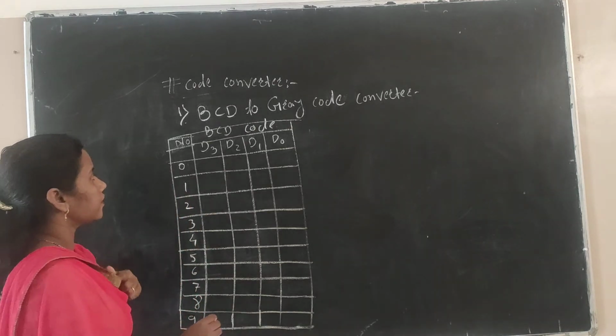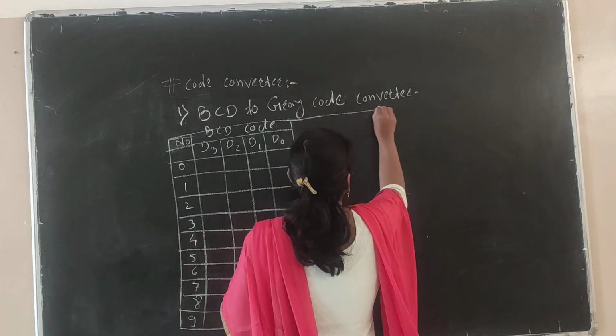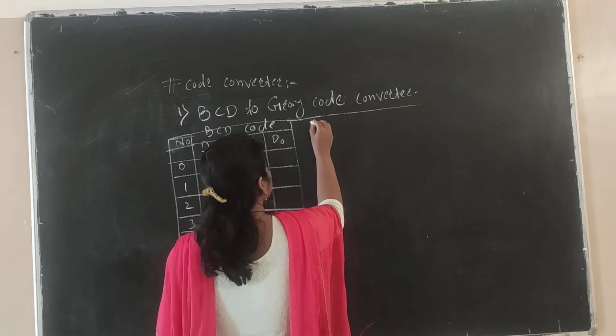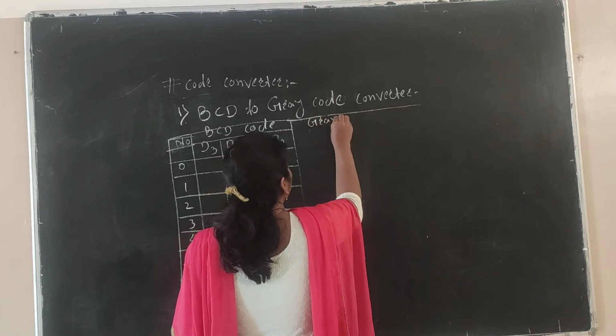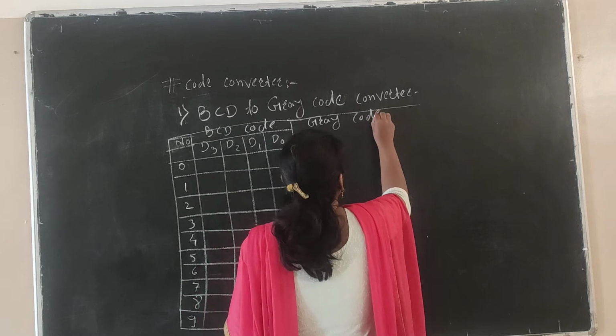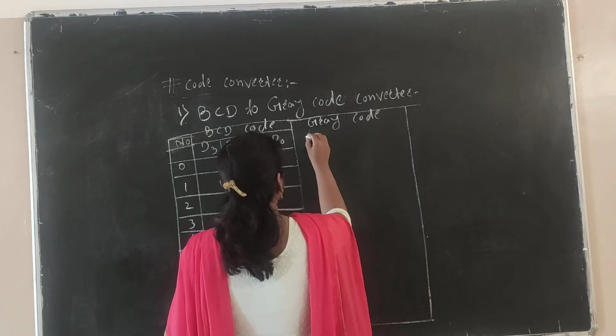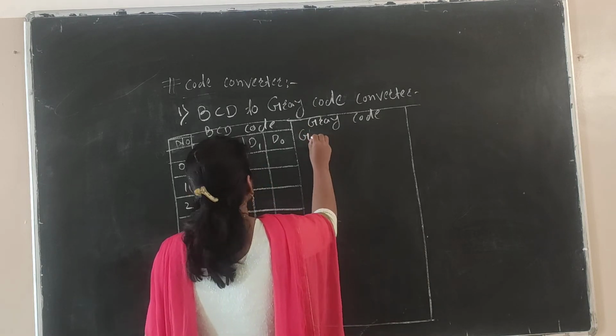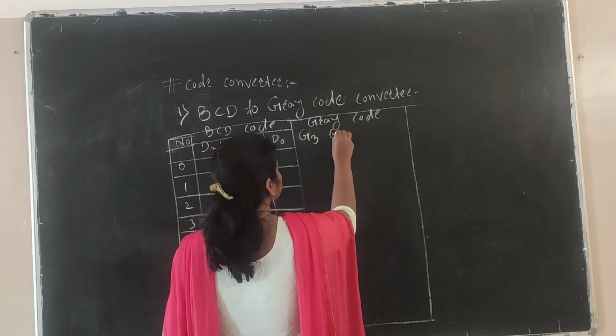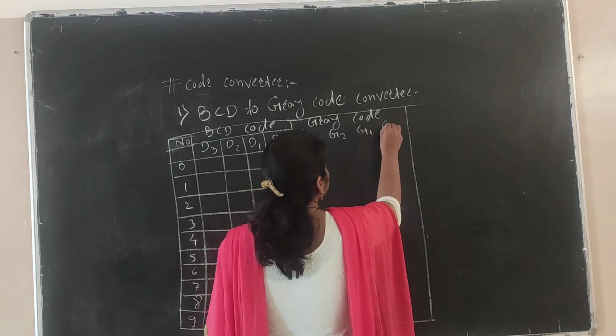These are the BCD codes. And here the output is in gray code, and this gray code we have to write in the form of the digits G3, G2, G1 and G0.